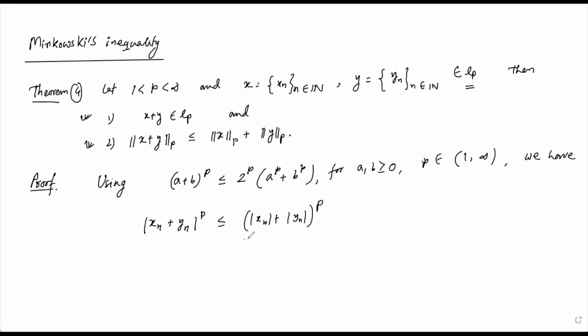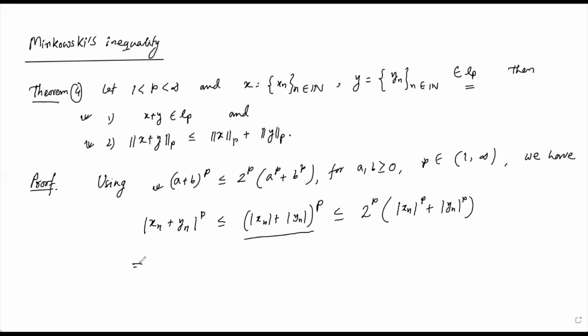And now we use this inequality: this is less than or equal to 2 to the power p times the absolute value of x_n to the power p plus the absolute value of y_n to the power p.